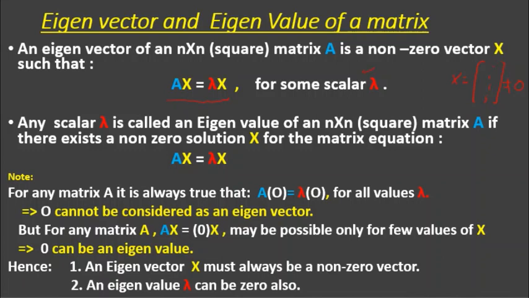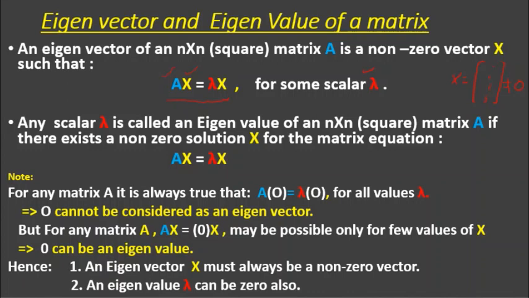That means multiply A with the column vector x, then that should give you some scalar lambda times the vector x again, and that x should be a non-zero vector. Then you call this vector x an eigenvector for the matrix A.